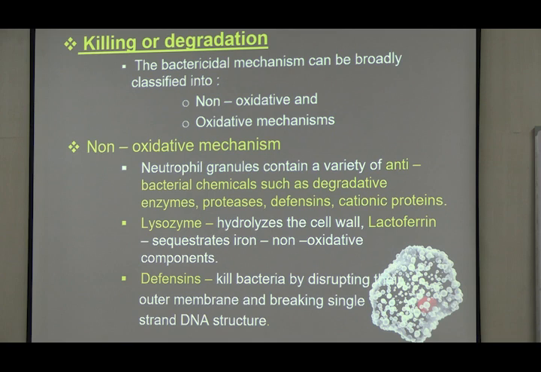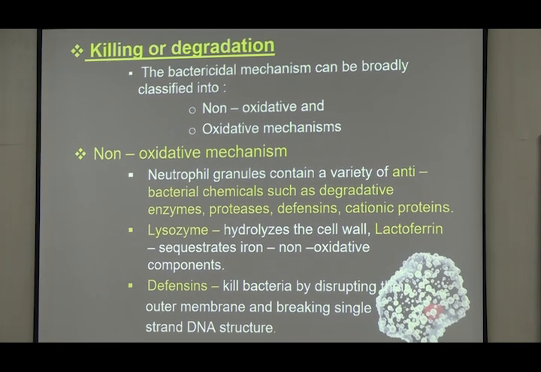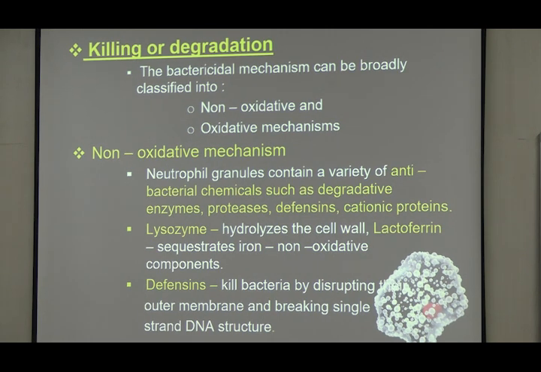Another process of the killing. Killing will involve two processes. One is the non-oxidative process, which means an enzymatic process. If something is made up of elastin, the elastase enzyme will break it down. So this is the enzymatic process. In the non-oxidative mechanism, neutrophil granules contain a variety of antibacterial chemicals such as degradative enzymes, proteases.